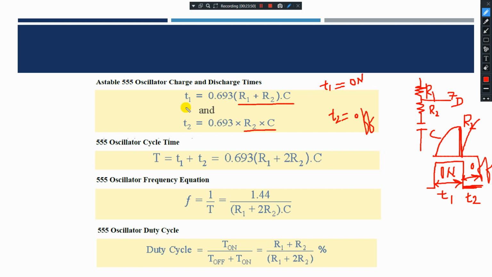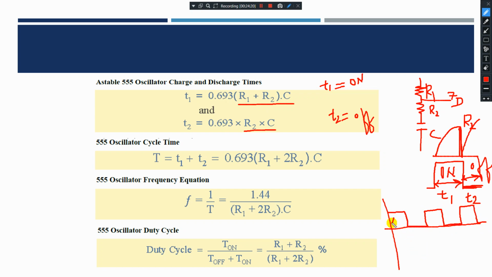So both T1 and T2 can be of 50% duty cycle, or it can be 50-25%, or it can be 50-75%. You may have a doubt how. Let me explain. When I take a graph: T on, T off, T on, T off, T on and T off.